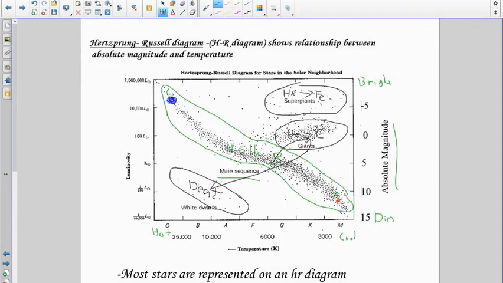A star like this one up over here, for example Rigel, a super hot blue star, when it builds up helium in its core and starts to fuse that, will become a supergiant. Once it goes to a supergiant, it will go beyond carbon and all the way up to iron. And then, once it gets to that point, there are two possibilities, and neither is represented on an HR diagram, so I'm just going to set it off to the side.